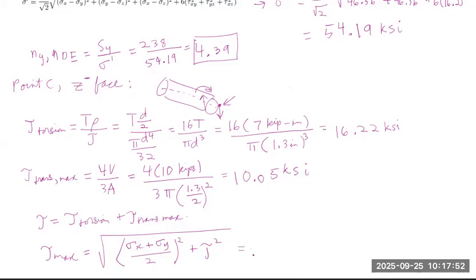So we're left with tau max equals tau, which is tau torsion, 16.22, plus tau trans max, 10.05. This is equal to 26.27 KSI.